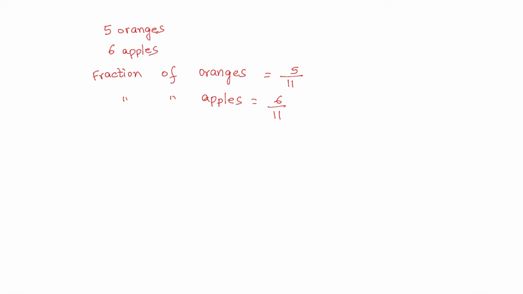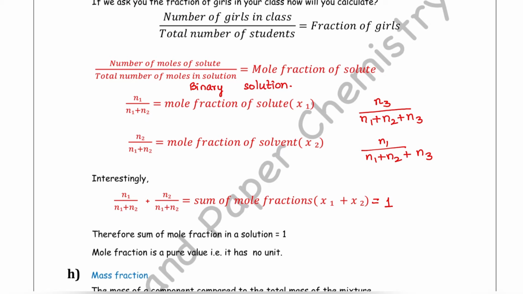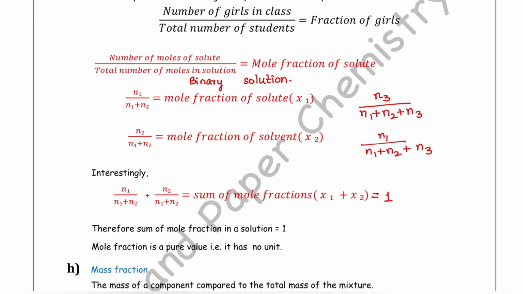Now what do you think would be the unit over here? Yes, there will be no unit. It's a simple pure ratio, right? The ratio of oranges to apples is 5:6, right? That is how you ended up writing 5 by 11 and 6 by 11. So the same thing applies over here. This will not have any unit. It will be a pure value.